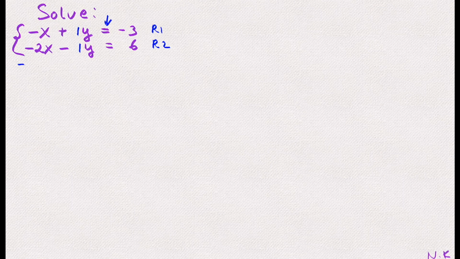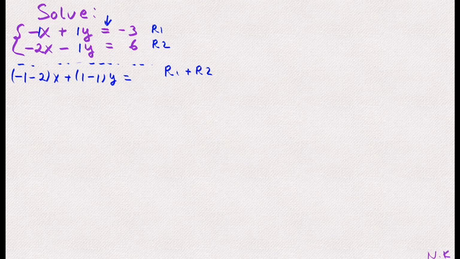What we can do now is add row 1 and row 2. So we have negative 1x in row 1, we have 2x in row 2, plus we have 1y in row 1 minus 1y in row 2, equals negative 3 plus 6.